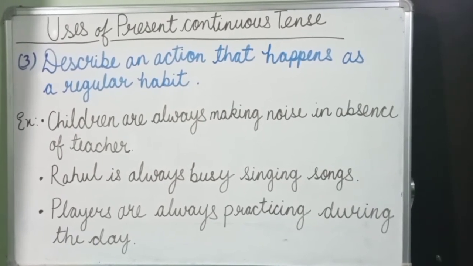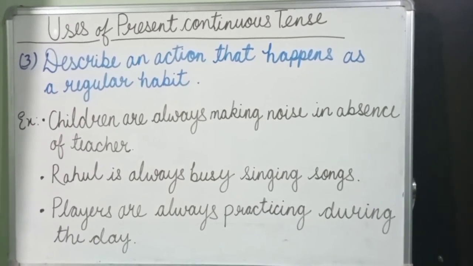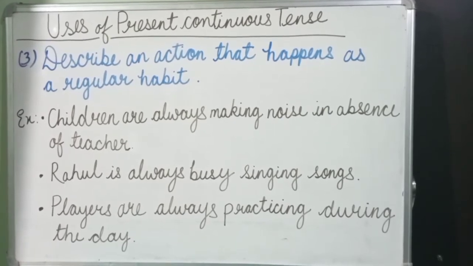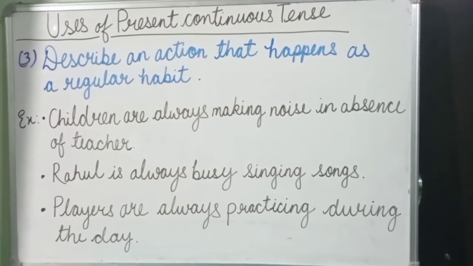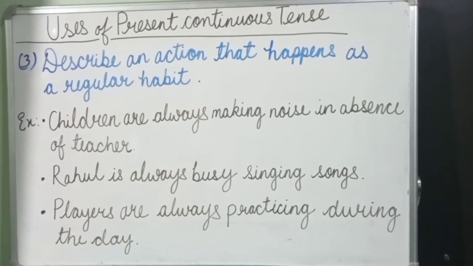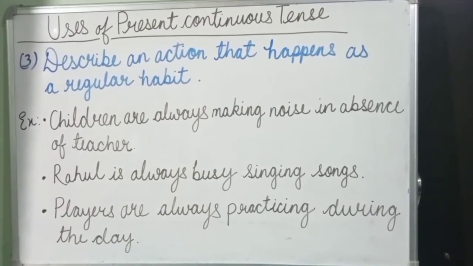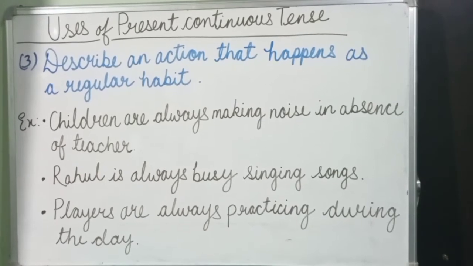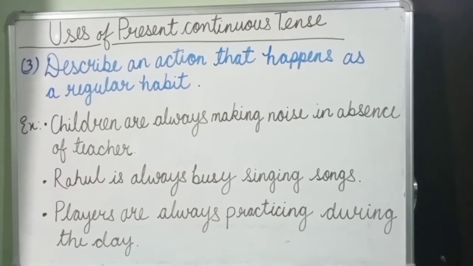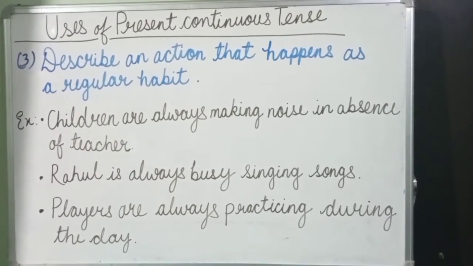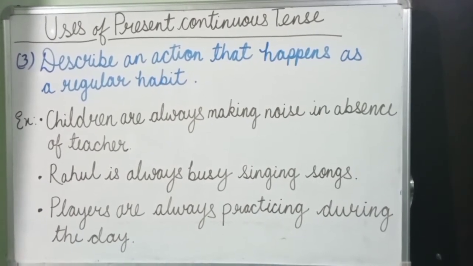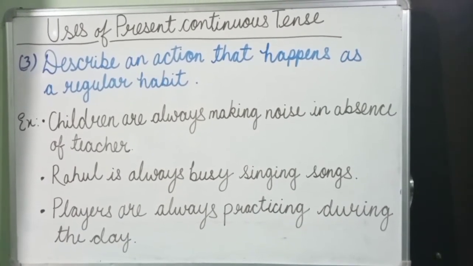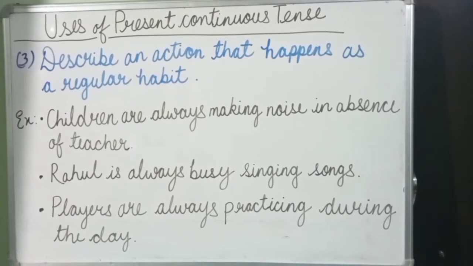It's a habit of children to make noise in the absence of teacher. Example 2. Rahul is always busy singing songs. It's a habit that Rahul keeps singing all the time. Example 3. Players are always practicing during the day. It's the habit of players to practice during the daytime.